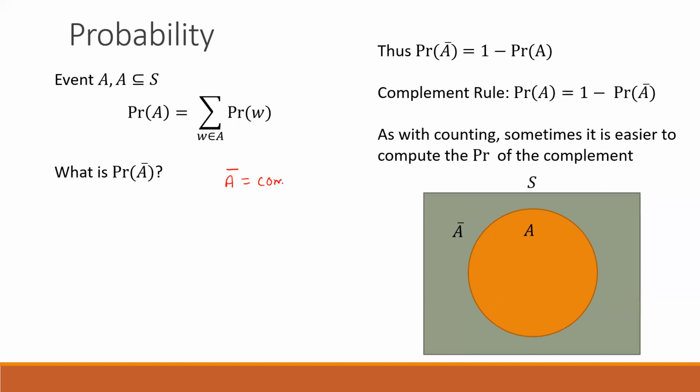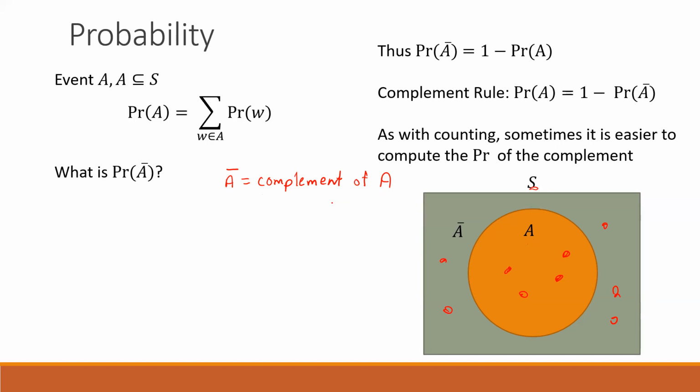My sample space is in some sense my universe, and I have an event A that is some subset of the items in the sample space. Not A would be everything that's in S that is not in A. Technically, that should be called the complement of A, but I use not A interchangeably.